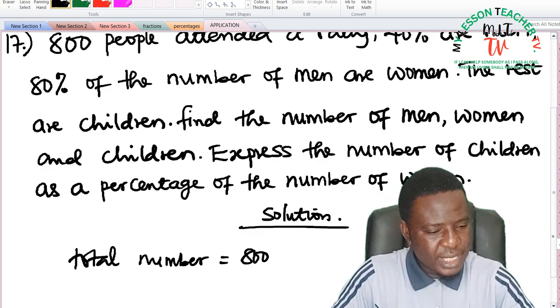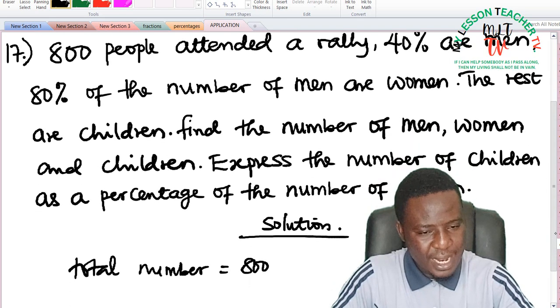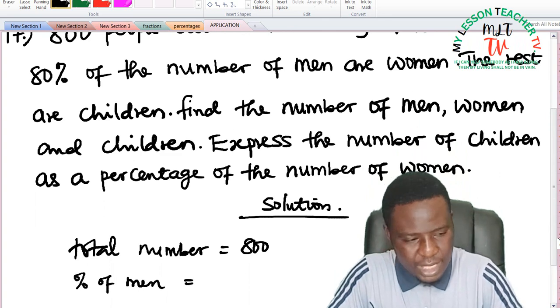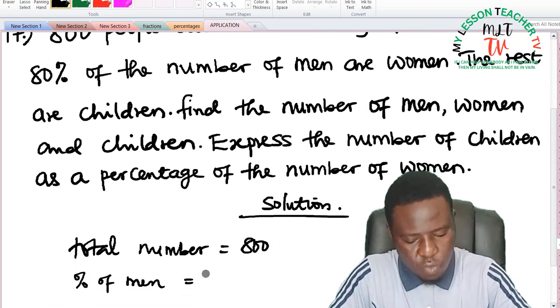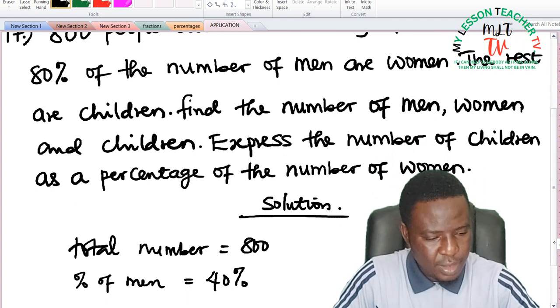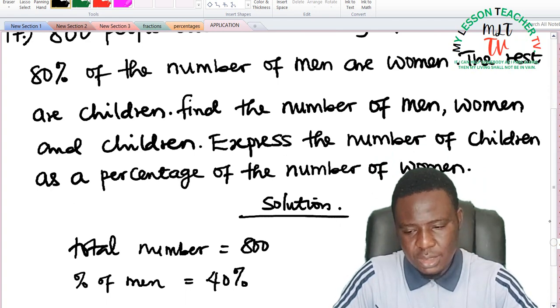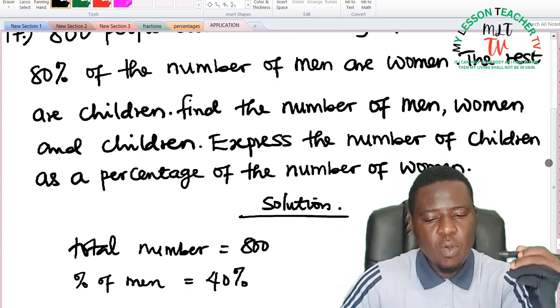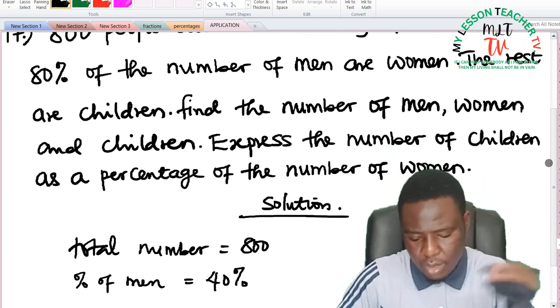Then percentage of men. Men are said to be 40%. And 80% of the number of men are women.